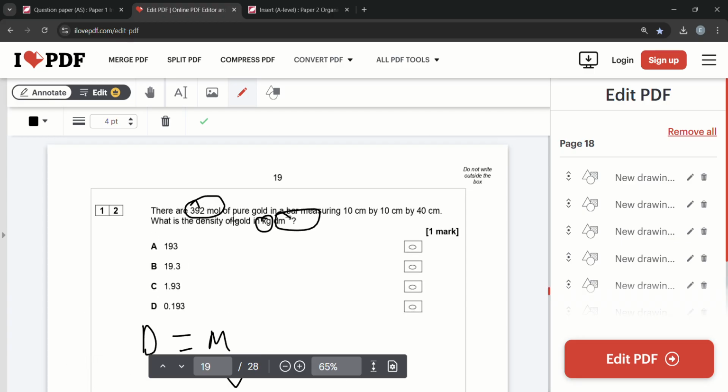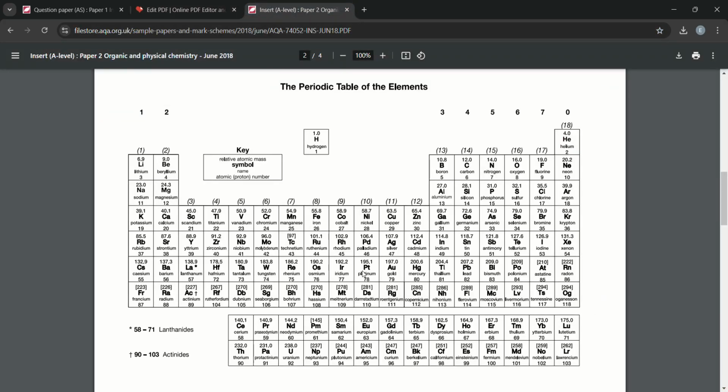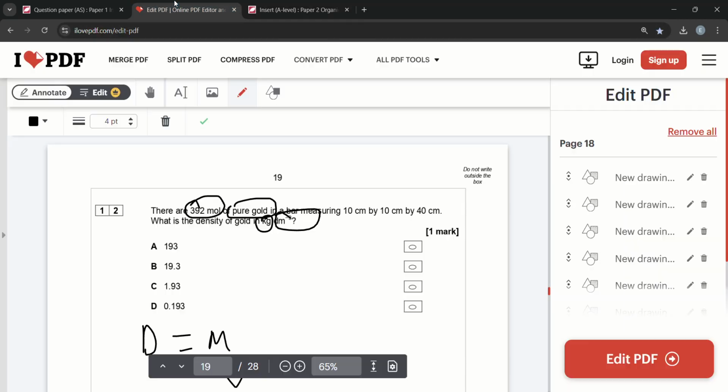We have got the moles and we know it's pure gold, so all we do is look at gold, probably going to be a bit harder to find gold, but we should find it. There we go, Au. The Mr of that, 197.0.